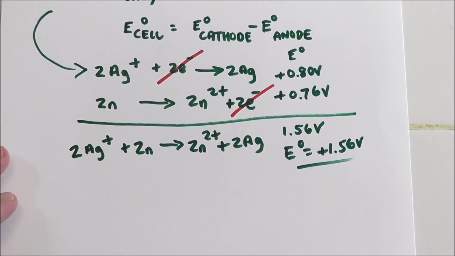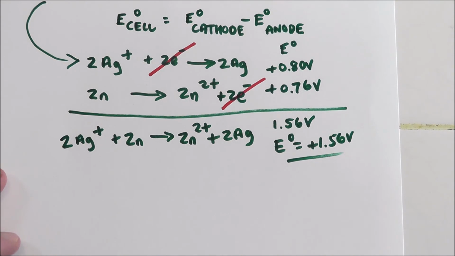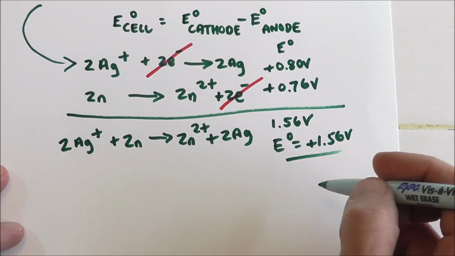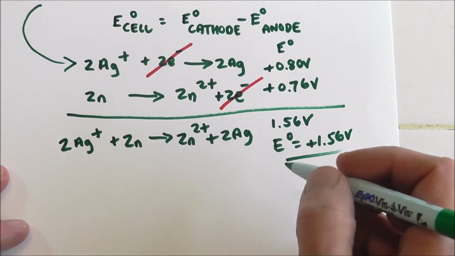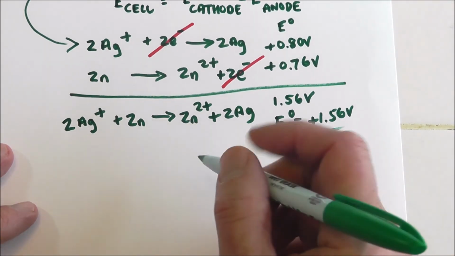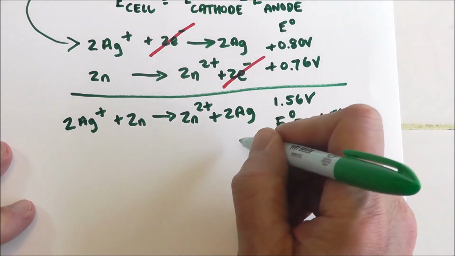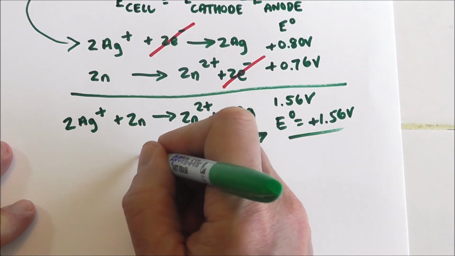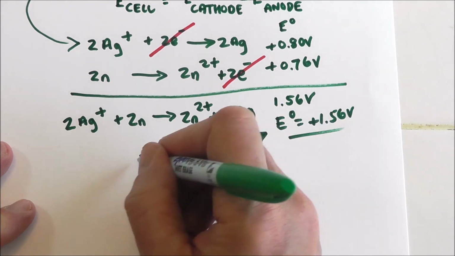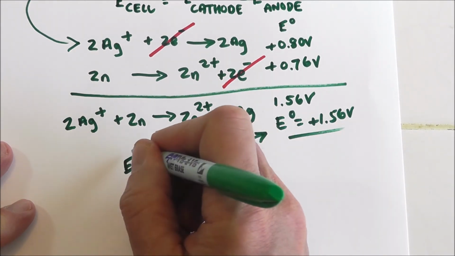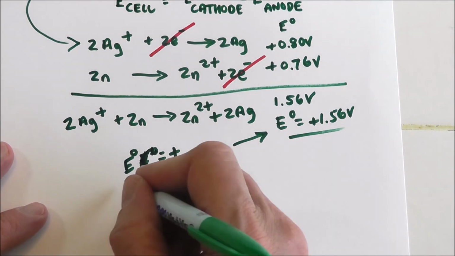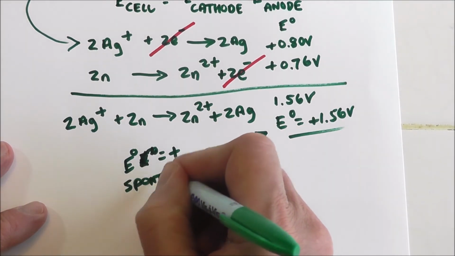All right, now that proves that this is the direction that the battery reaction will happen, and also it tells you that it is a spontaneous or reaction product favored process. So if E0 is positive, that is spontaneous.